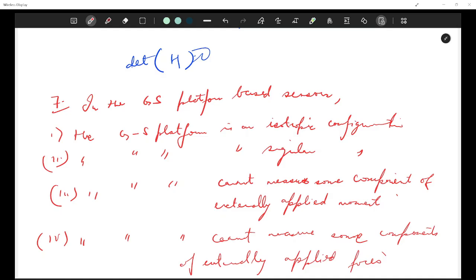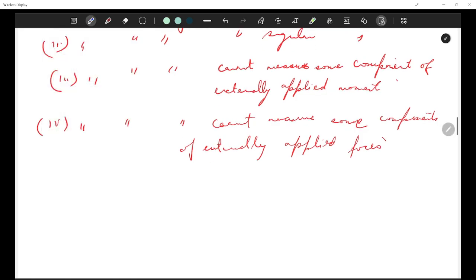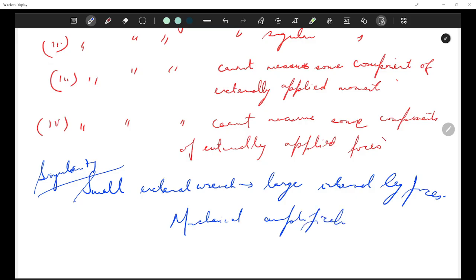Because near singularity, a small external wrench gives us large internal leg forces. This gives mechanical amplification. This term is very important. Mechanical amplification increases the sensitivity, so singularity becomes useful for sensing.